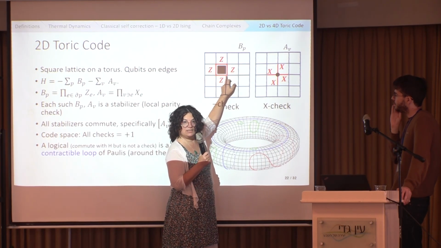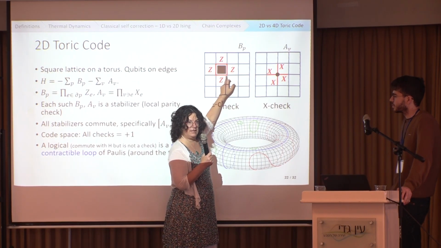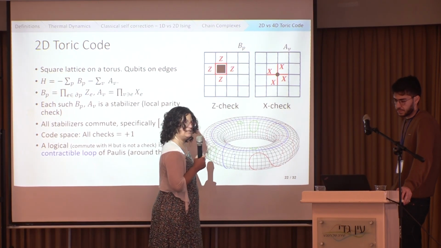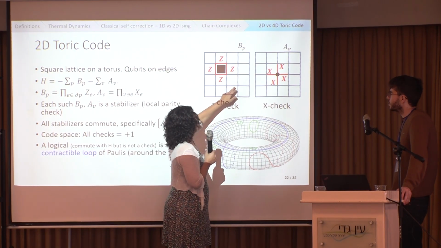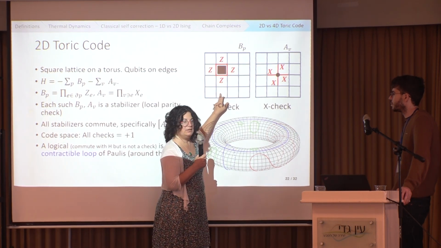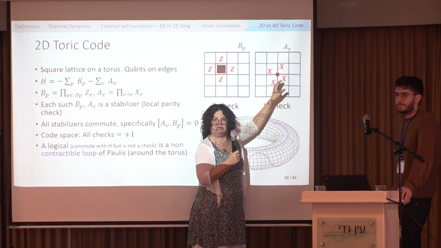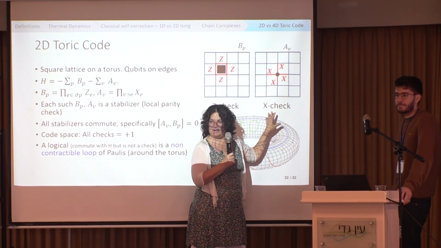And still this doesn't change the state, which means that any state in the code subspace, stabilized by the stabilizers, will not be changed by any Z's around a loop. And the same thing for any X's around a union of such paths.